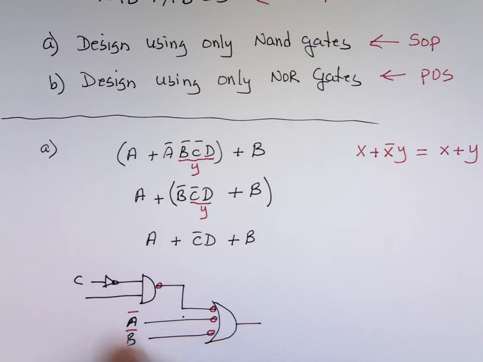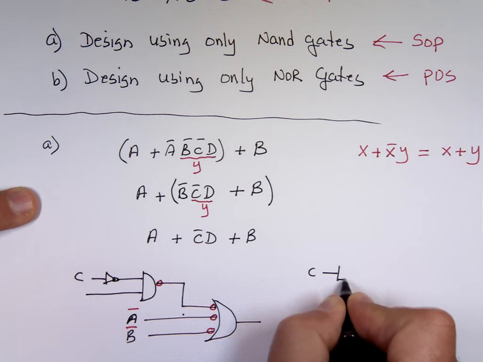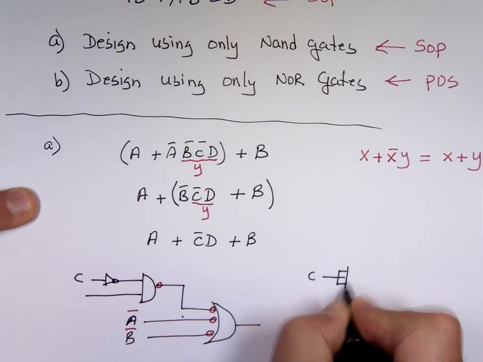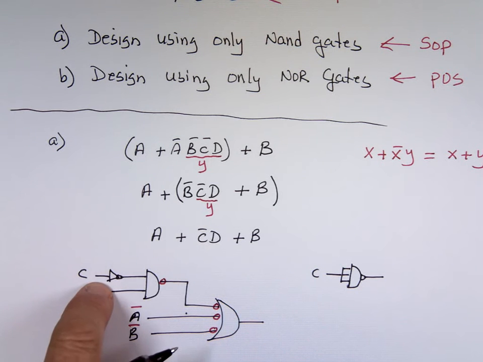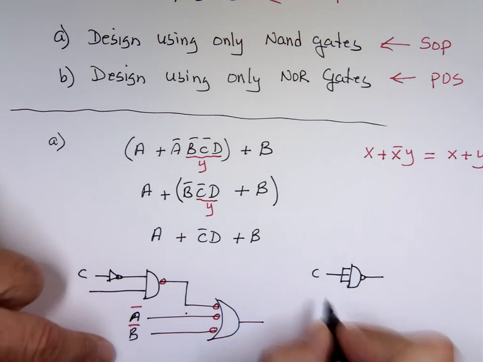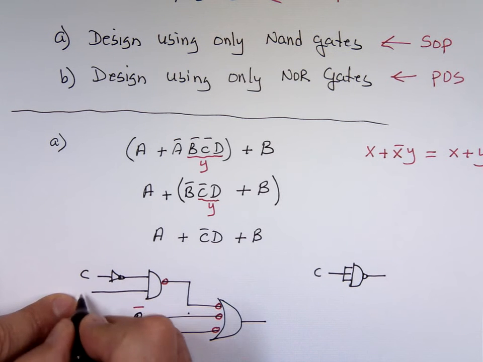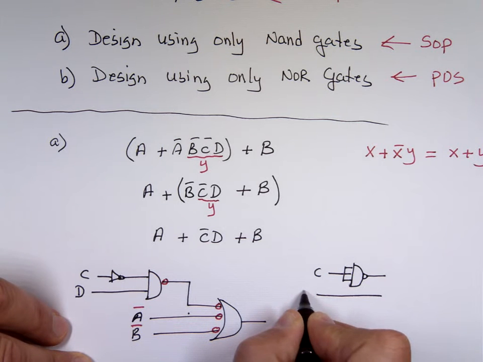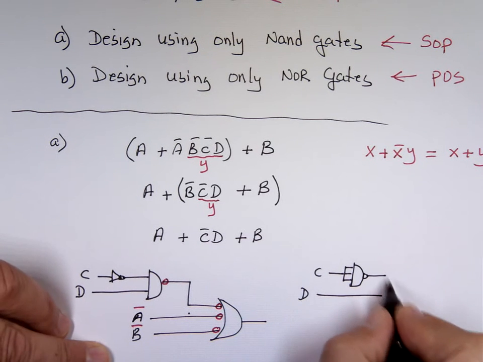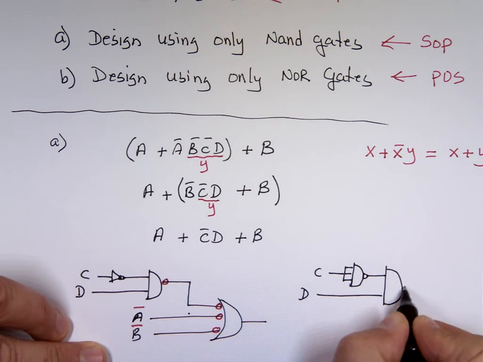So what I need to do, take the C. This is a NAND gate with 3 inputs. That'll give me the C naught. I forgot what this one is. D. Oh, that's D. Yep. And now this is ANDed together. It was 3 input. Okay, what are we going to do with the third input?